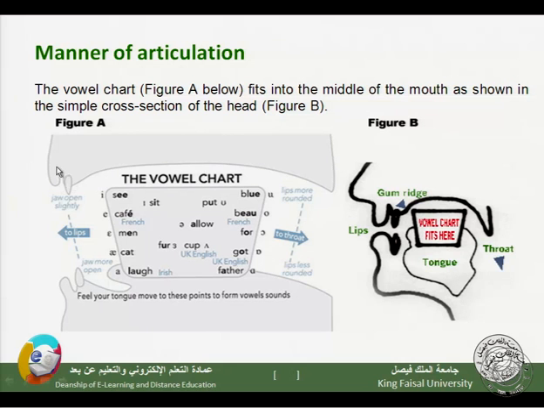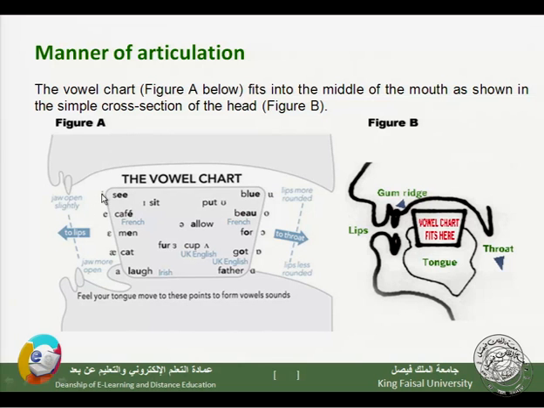That's the teeth, these are the lips, and that's the throat. So that's the front side, and that's the back side of the mouth, toward the throat. So the vowel sounds are produced here.